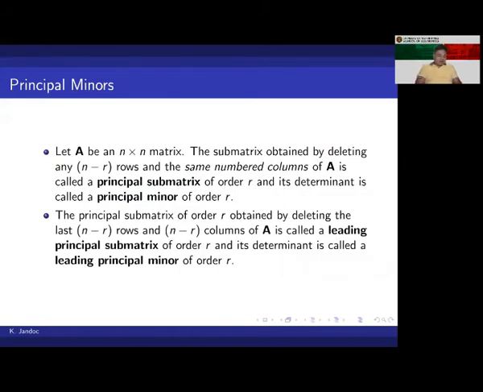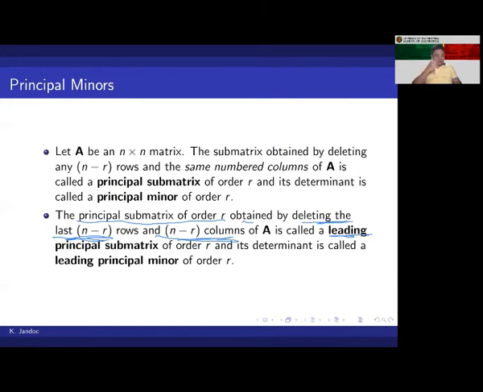It's called the leading principal submatrix. The leading principal submatrix is just a subset of the principal submatrices. The leading principal submatrix of order r is obtained by deleting the last n minus r rows and the last n minus r columns.